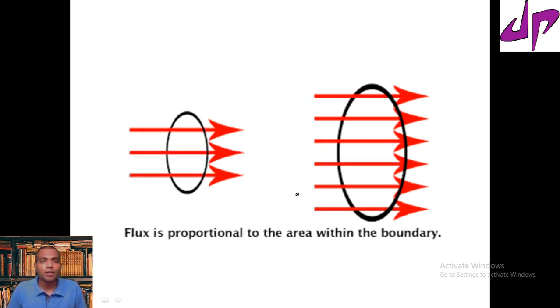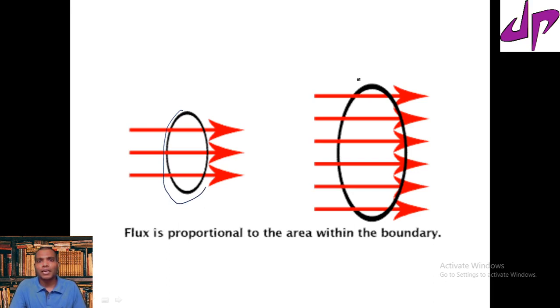Now last point, the flux is directly proportional to the area within the boundary. It's common sense. If you take a small area, here you can see the area of the circular loop in this case is smaller comparatively.